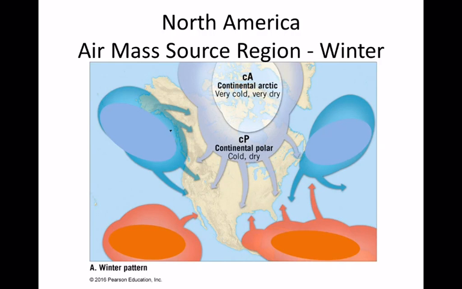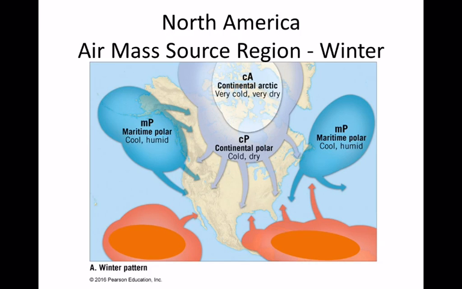Continental Polar, not as cold as Arctic, is in more central Canada. We have two source regions for Maritime Polar in the wintertime, one in the west, the North Pacific, and one in the east, the North Atlantic. So Maritime Polar air masses are moist and cold.